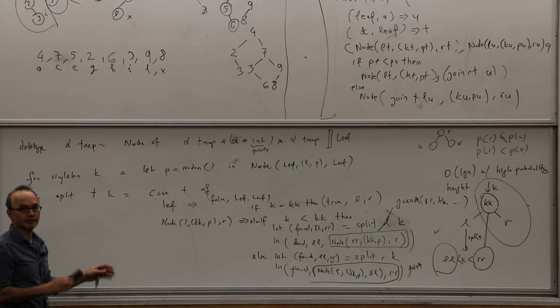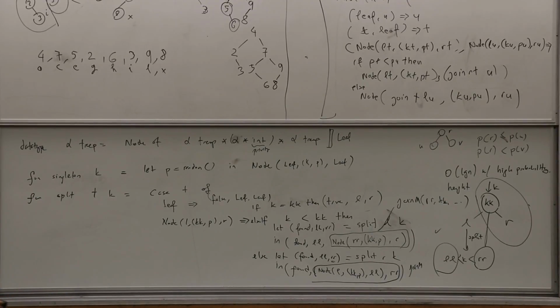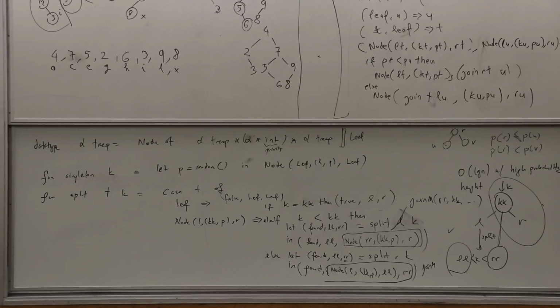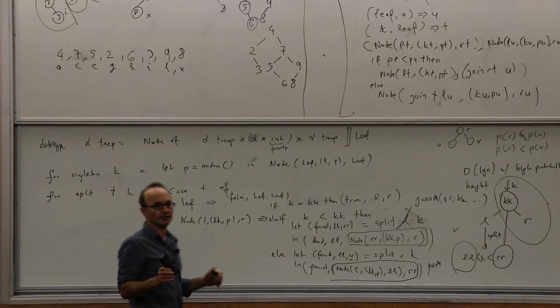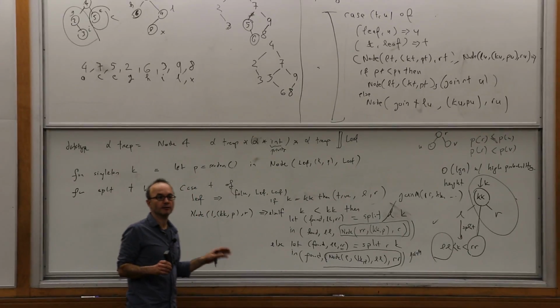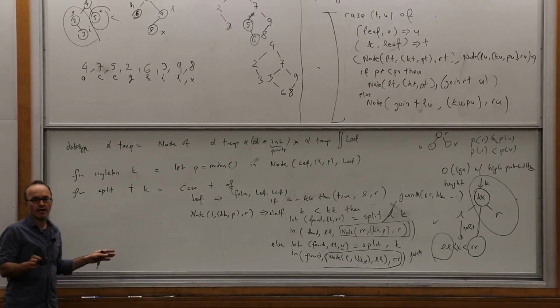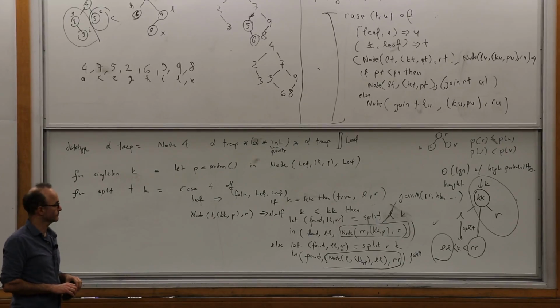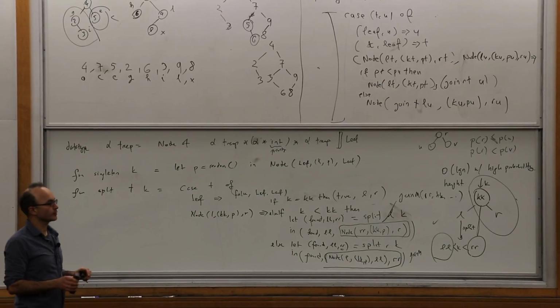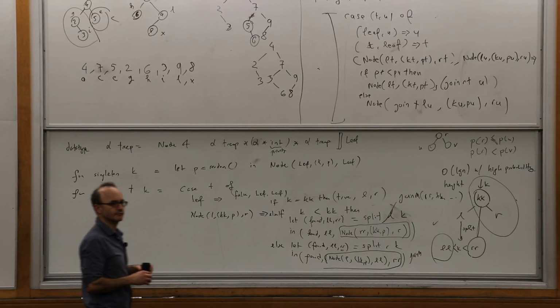They're all log work and log span. Okay, so mission accomplished. Remember, our assumption, which I erased here, was that all we needed to get to optimal bounds was log n work and span for split and join. And we showed that that's doable, so we're done. Okay, and this works for many other data structures.